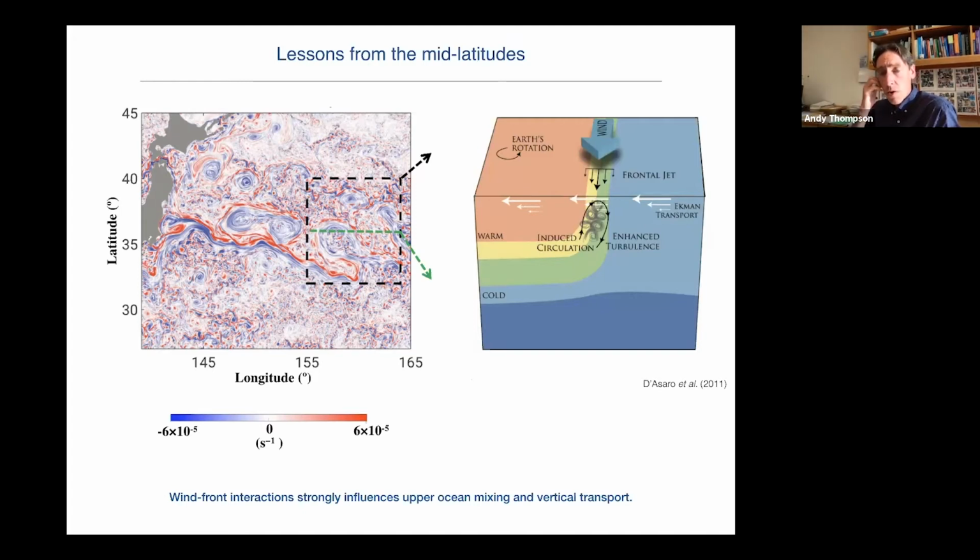And one important one that I'll talk about a little bit as we go forward is that if you have winds that are aligned in what we call a down-front direction, so in this case, you would have strong westerlies coming off of Asia, blowing to the east along the direction of the Kuroshio Extension, you can have an Ekman transport that carries water from the denser side of that front across the front into the lighter side, and essentially arrive at an unstably stratified configuration and enhance turbulence and enhance mixing.